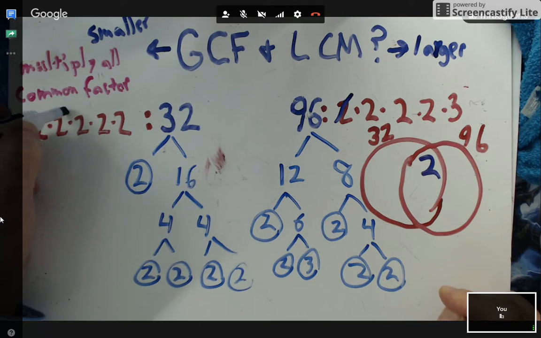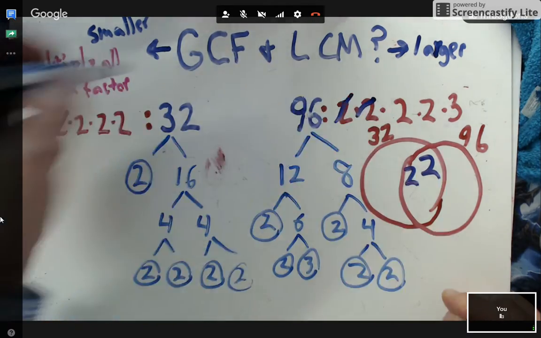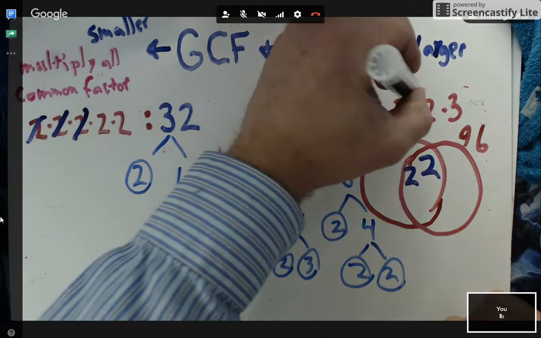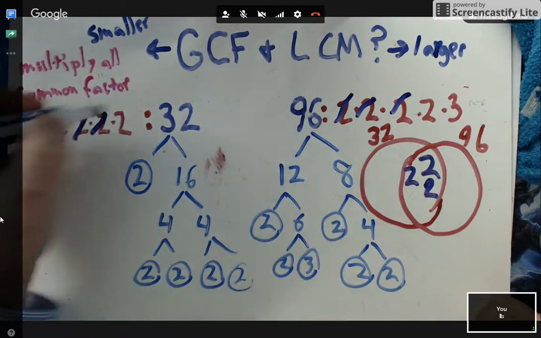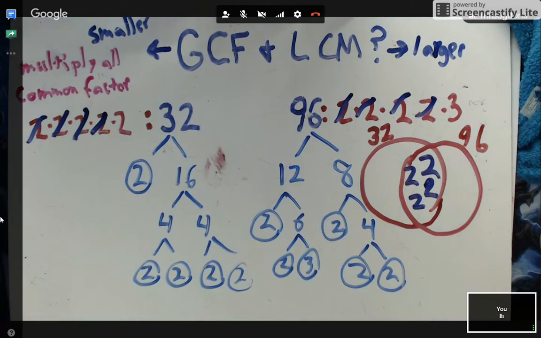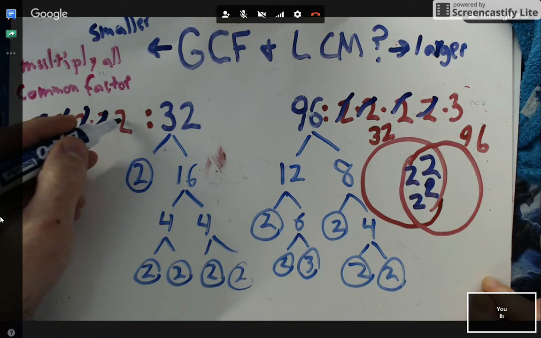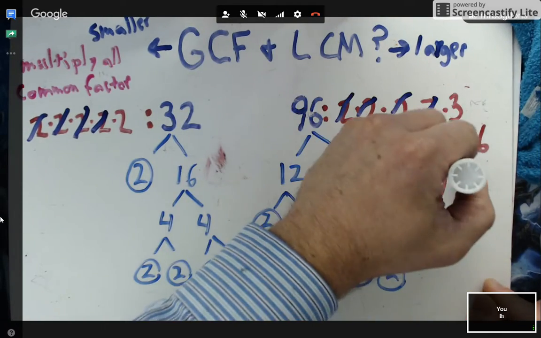Where's that one going to go? In the middle. I see a 2 and a 2. Where's that one going to go? Yes, thank you guys for participating. Now I see a 2, but I don't see a 2 on the other side. Where's that going to go? On which side? With the 32 or the 96? With the 32. And the 3 goes with the 96.